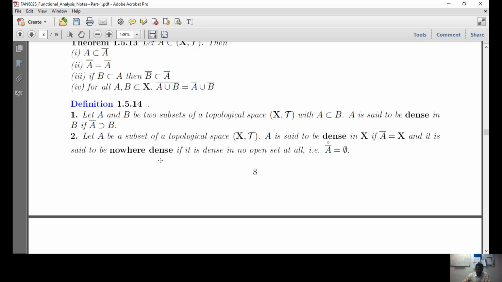Another definition, nowhere dense. So a set is said to be nowhere dense if it is dense in no open set at all. That is, if the interior of its closure is empty.